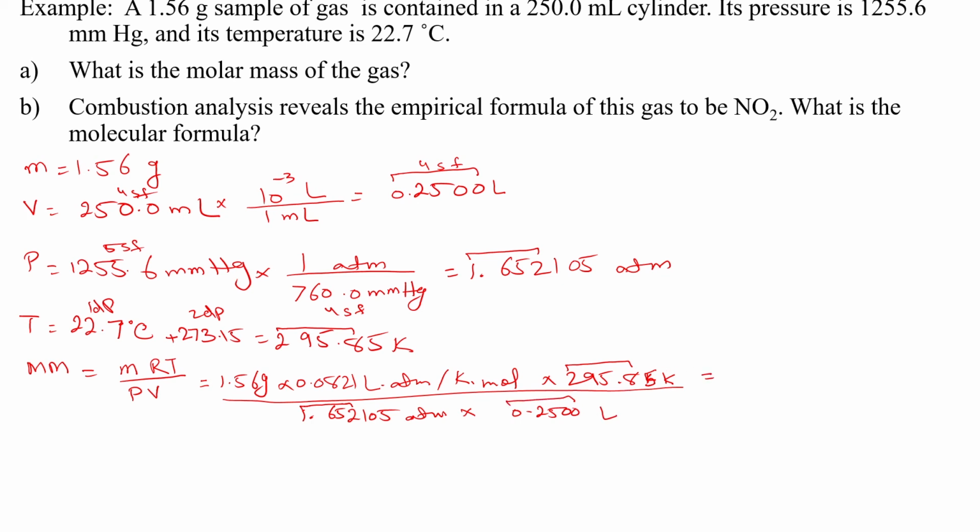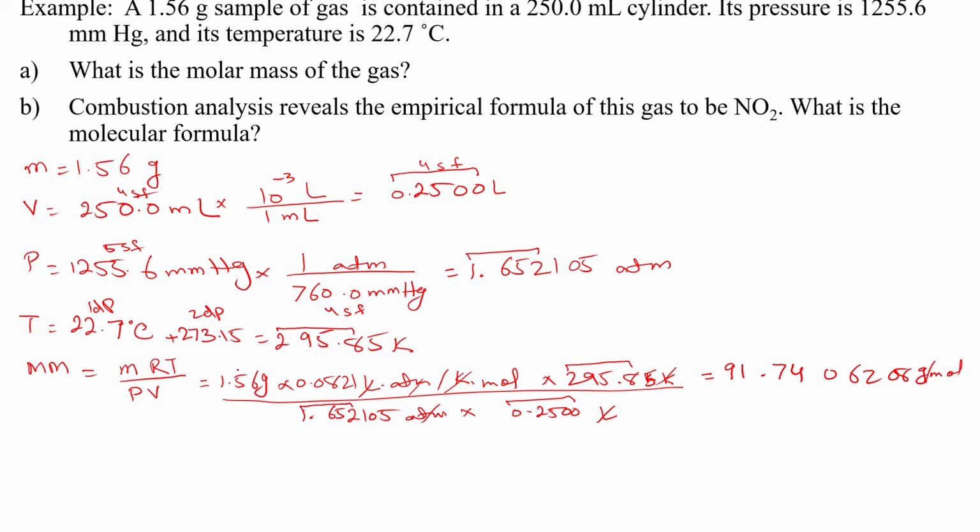We will do the calculation on the calculator. Answer is 91.7406208. The units left: liter is cancelled, atmosphere is cancelled, Kelvin is cancelled. The unit left is grams per mole, which is the unit for molar mass.